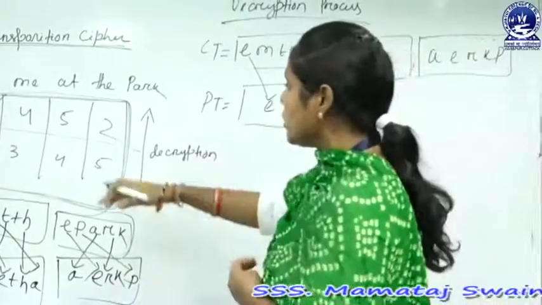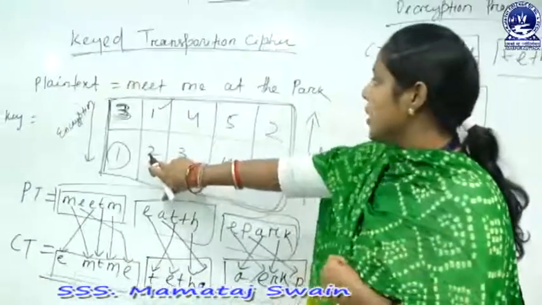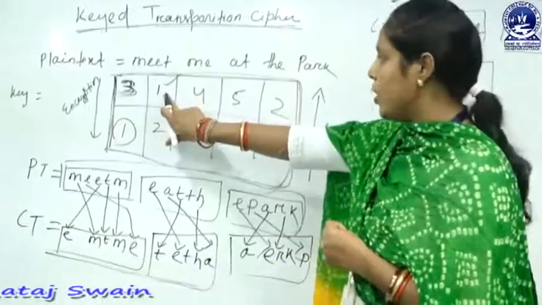Then next the second character of our ciphertext becomes the first character of our plain text.